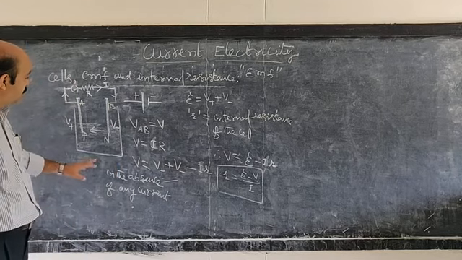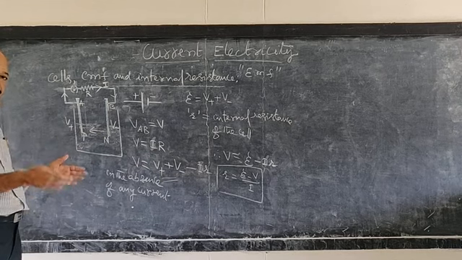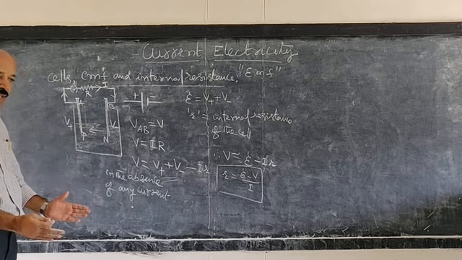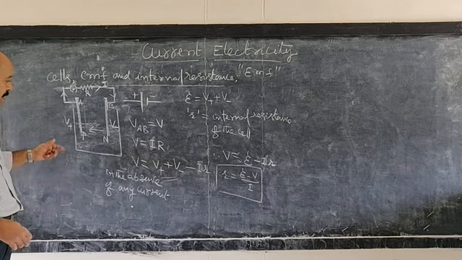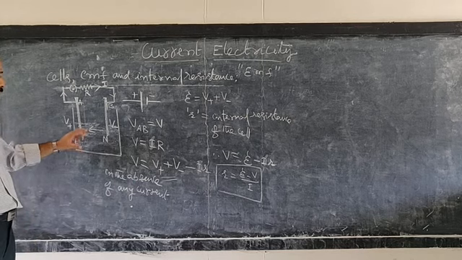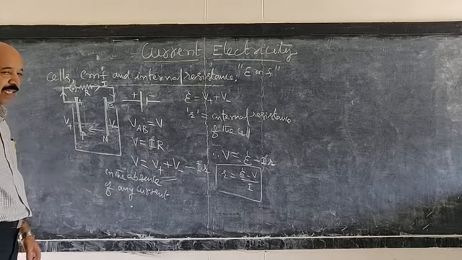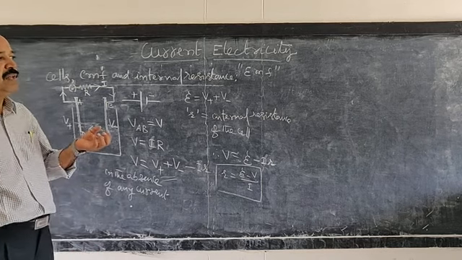Now, the internal resistance of a cell depends upon the distance between the electrodes, the cross section of the electrolytic medium, and also on the nature of the electrolyte. So these are the factors on which the internal resistance of a cell depends. Generally, the internal resistance of a cell will be very small.